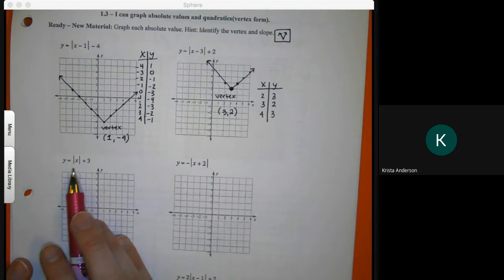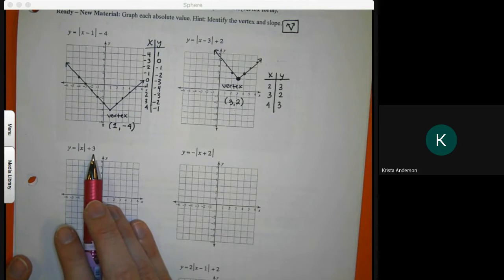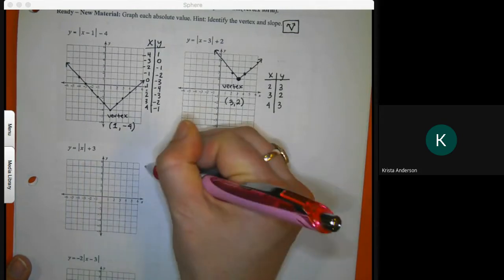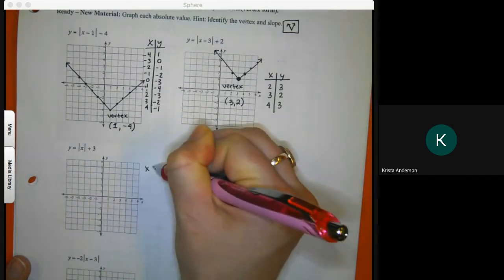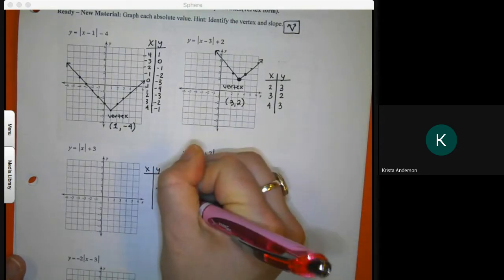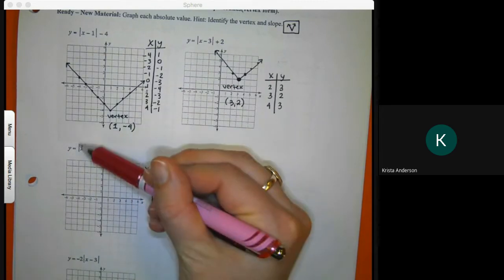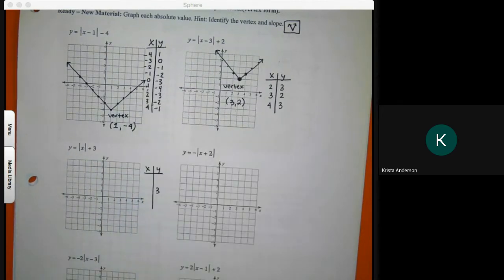All right, next question. I look at the absolute value, and then I have a +3 on the end. Three is on the right. Anybody know what the x would be? There's not a number by the x. It won't be a 1.